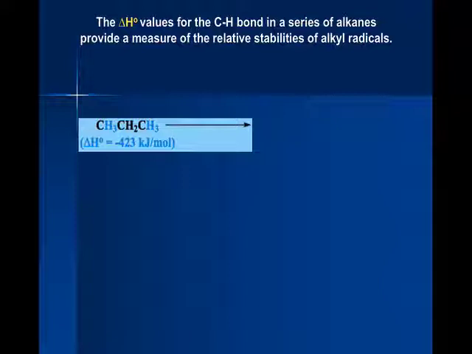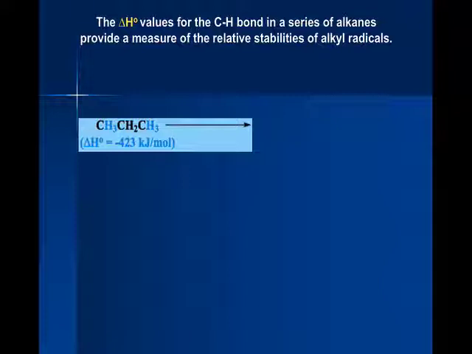You'll notice if you went back and looked in that table, not all the bond dissociation enthalpy values are the same for all CH bonds. What kind of hydrogens are highlighted in blue here? What kinds of hydrogen can we have? We have hydrogens on carbon, that's true.